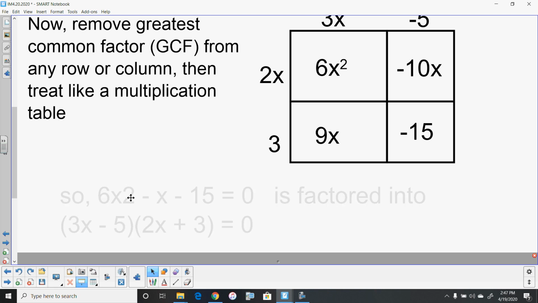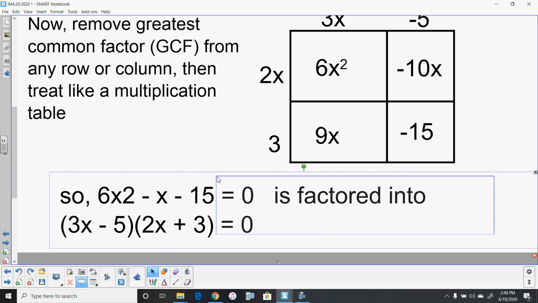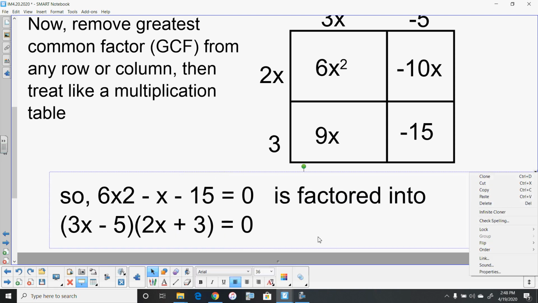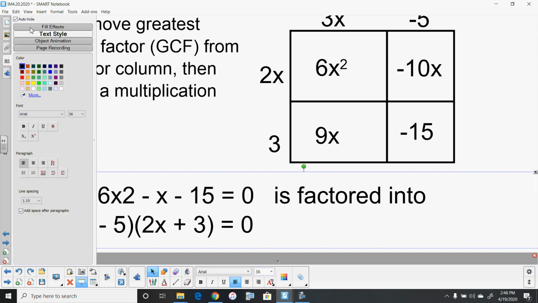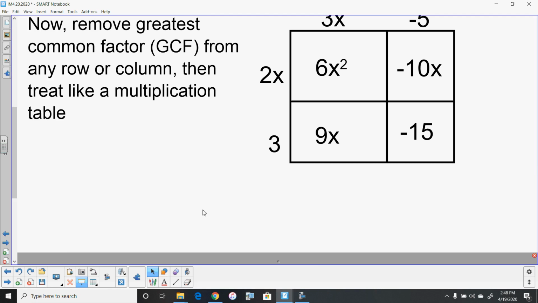and that should be an exponent. Let's fix this real quickly. And that. Oh, that's not what I wanted to do.